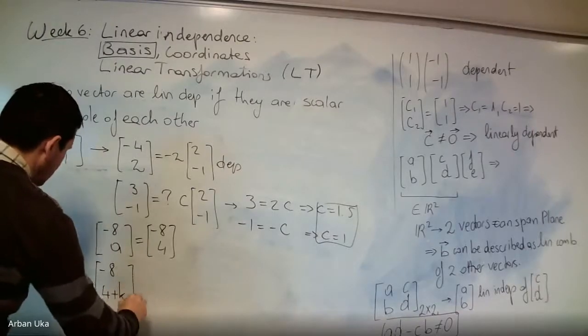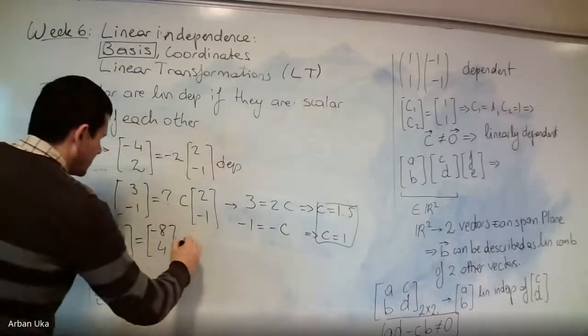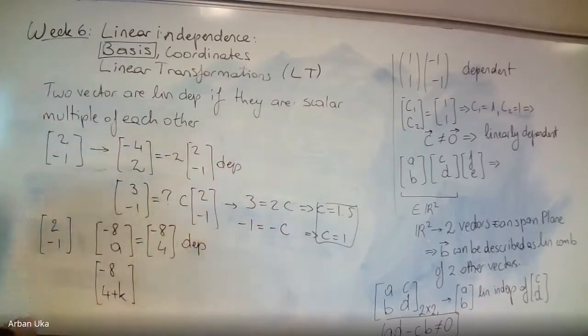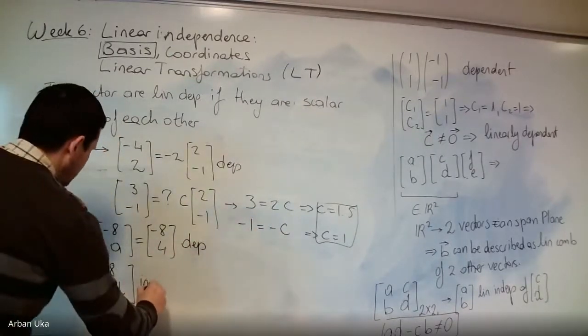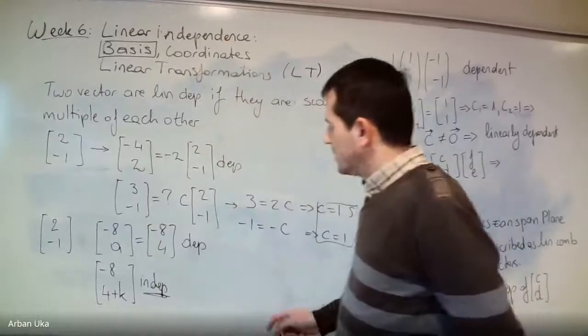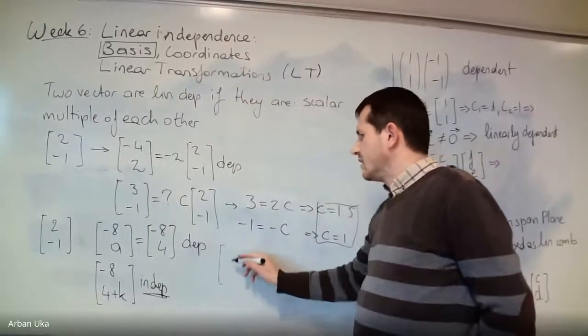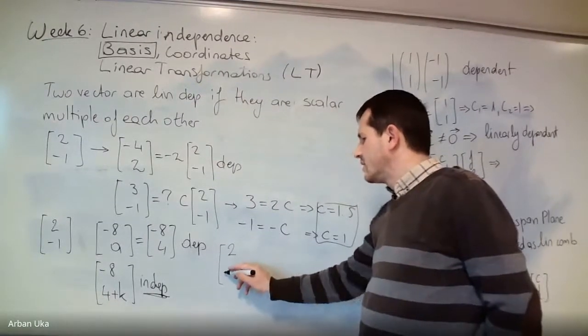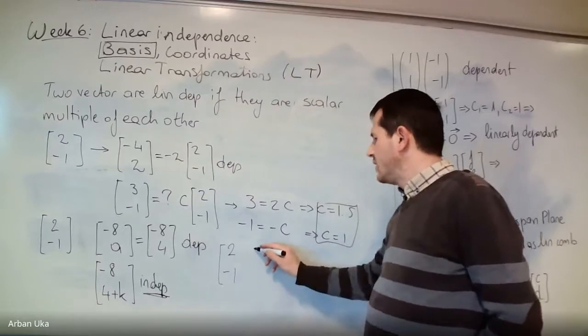So this is dependent, and this would be independent. Yes, you just change one of them, and you do a fine job. Now we can also easily notice that we have a pair of vectors which are linearly dependent. The determinant of this matrix would be equal to what?